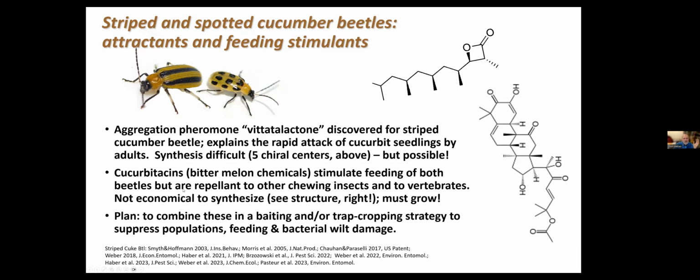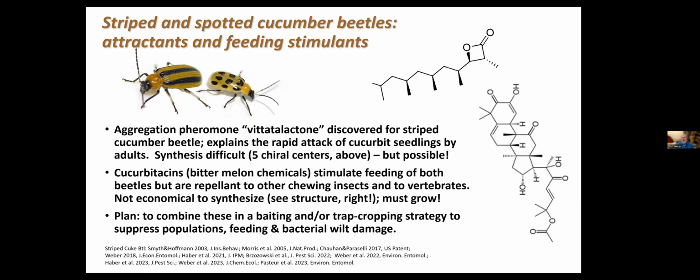Okay, so I mentioned earlier this very large molecule over here. It's one of the cucurbitacins. If you've ever tasted a bitter melon or some melon blossom that's bitter, these chemicals are common in the wild cucurbits. They're not common in the ones that we eat because most people don't like bitter.